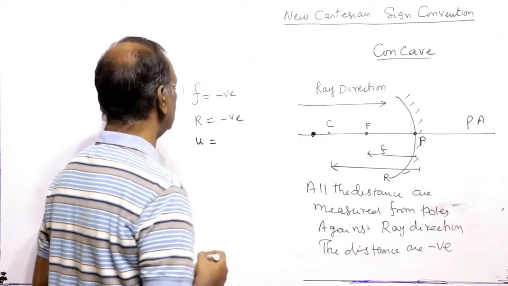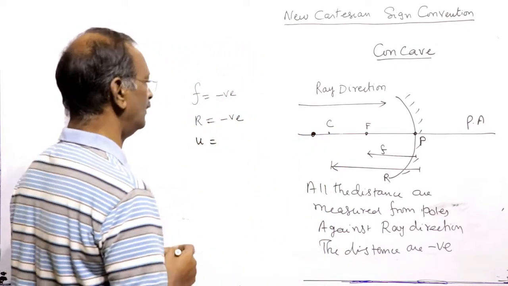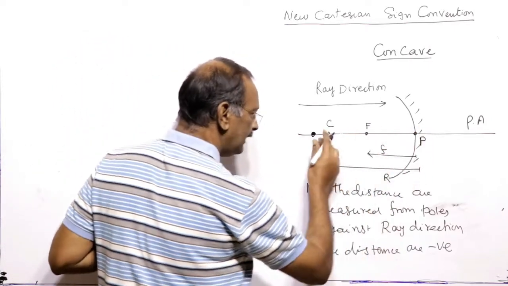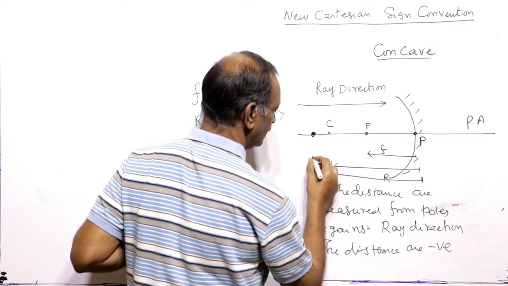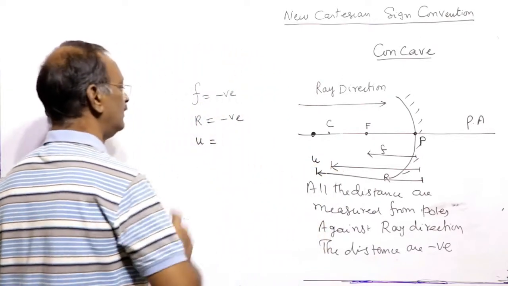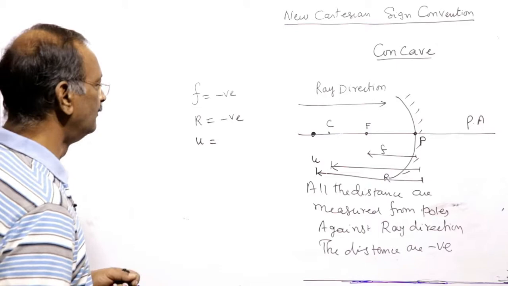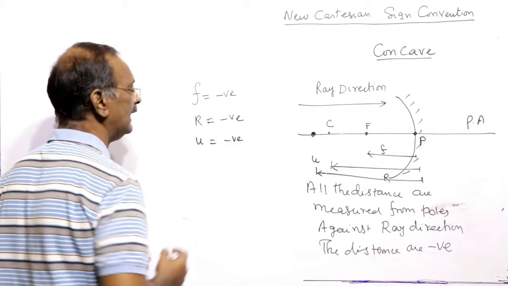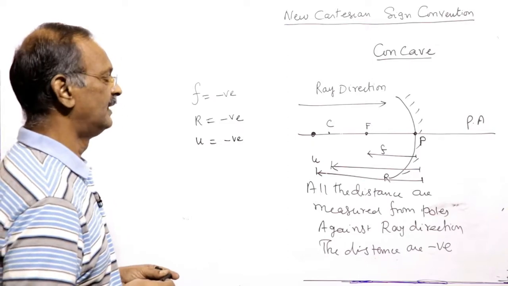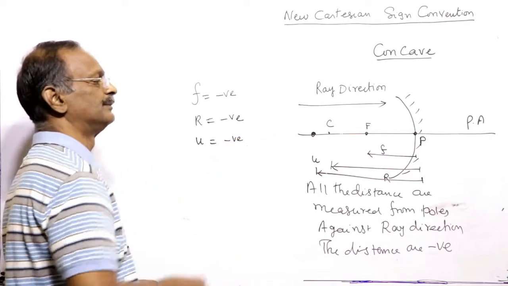U is the distance of the object from the pole. So we are measuring from here to here, this way. So this is U. U is also negative because we are coming against the ray direction.